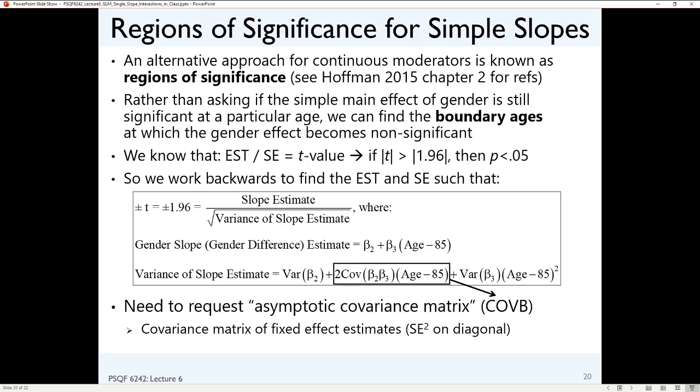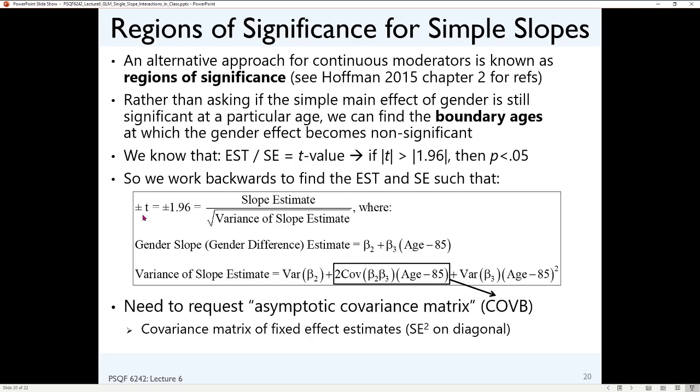So we know that the estimate divided by the standard error for our simple gender slope forms a t-value. And if we use infinite denominator degrees of freedom, for convenience, you could put in whatever number you want here, but that's what's typically done in this case. So we're treating t as a z, in other words. Then we know that t needs to be greater than 1.96 in absolute value if we're using an alpha of 0.05. So we work backwards.